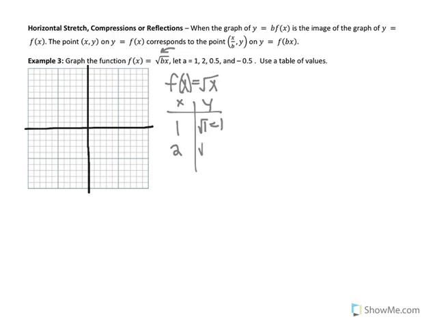If I plug a 2 in, I have the square root of 2, which is about 1.4. If I plug in 4, because I know I can take the square root of 4, I get 2. So our points would be (0, 0), (1, 1) and (4, 2). So my original square root of x function looks like this.